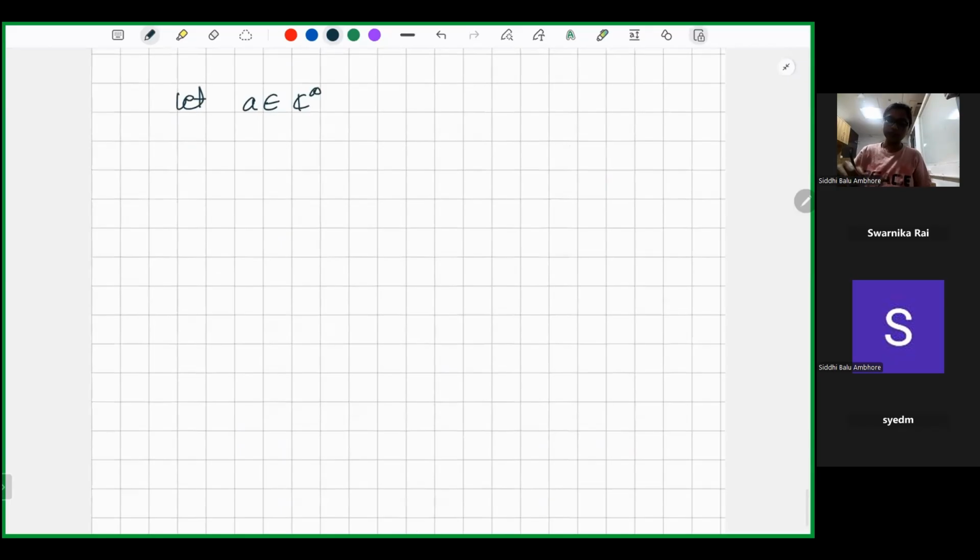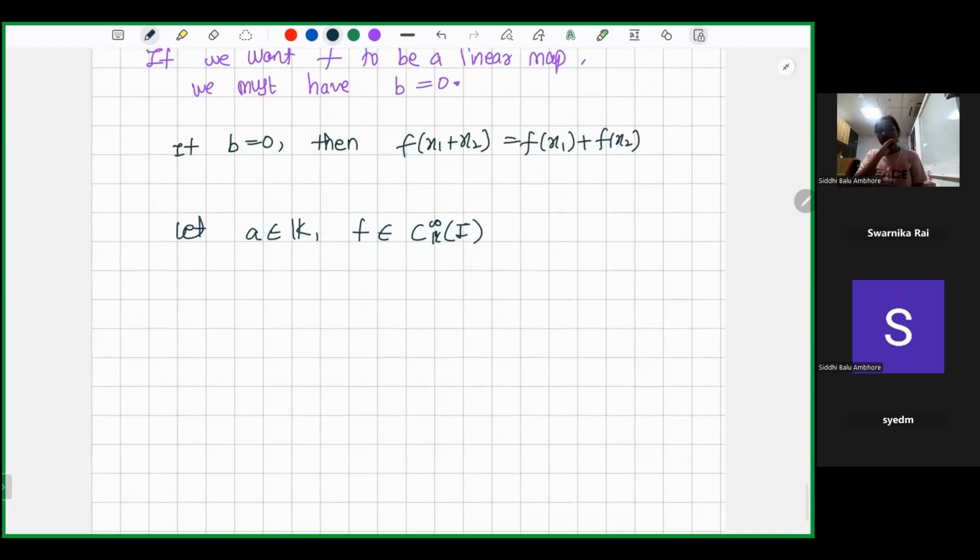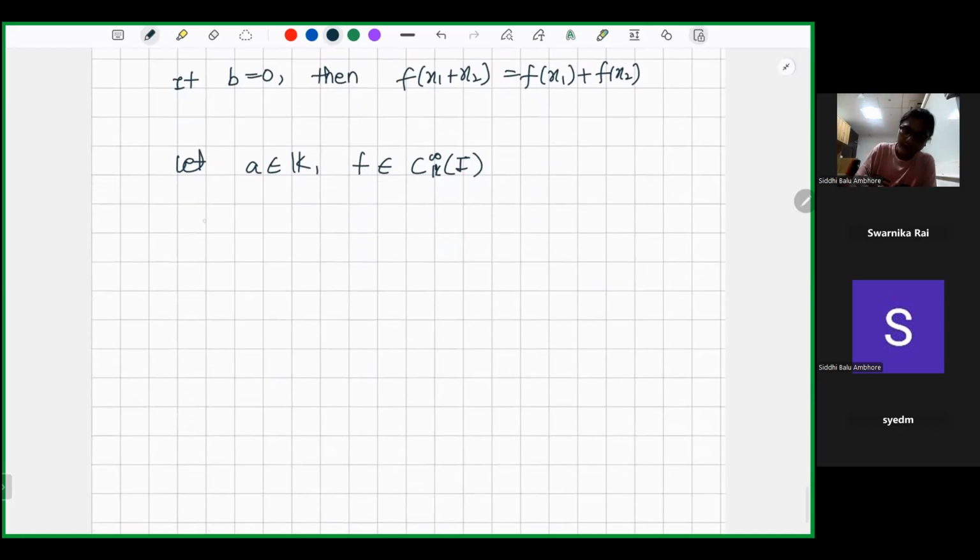Since it is a k-valued function, I can take a in k and f in C infinity. Sorry, how is it defined? Yeah, k here and I.